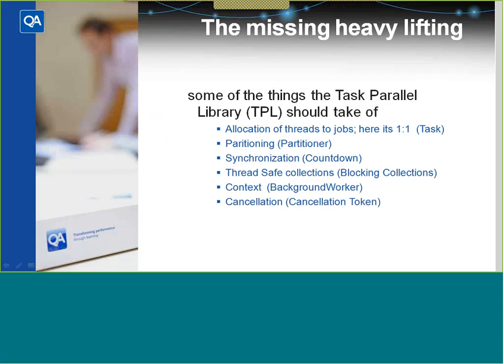So here are the sorts of things that Microsoft looked at that they found us developers doing and tried to abstract those out and make them into an infrastructure, the task parallel library, that we can then leverage. So I've already mentioned how many threads is appropriate for the number of jobs I've got in the go.